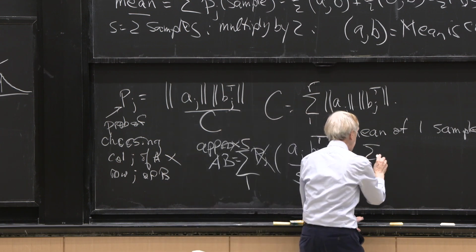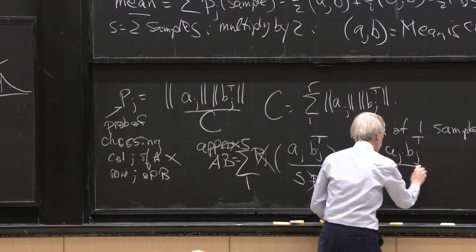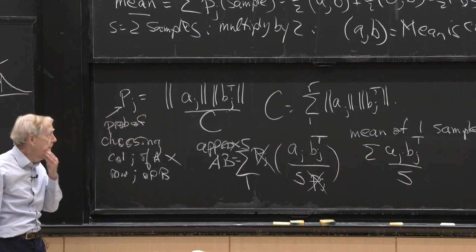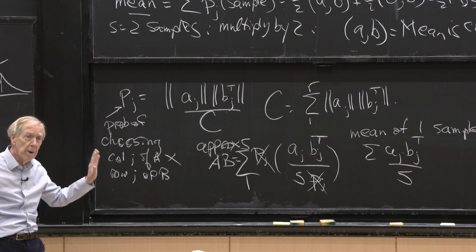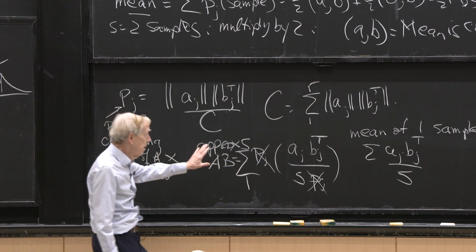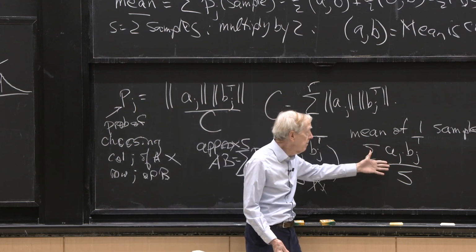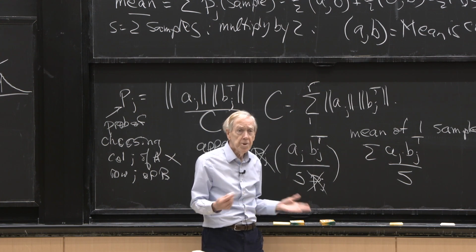So it's just the sum of Aj Bj transpose over S. You're going to say, okay, you're wasting our time. But I just want to show that I'm getting the correct mean out of this plan. So do you see that if that's the mean of one sample, what's the mean of the sum of all the samples?